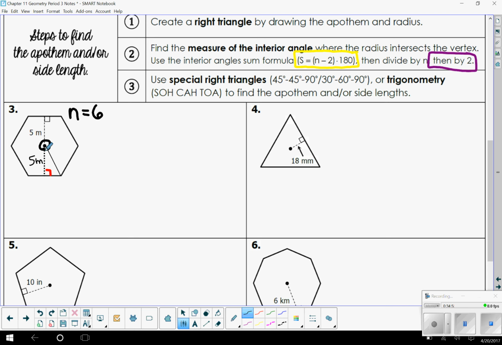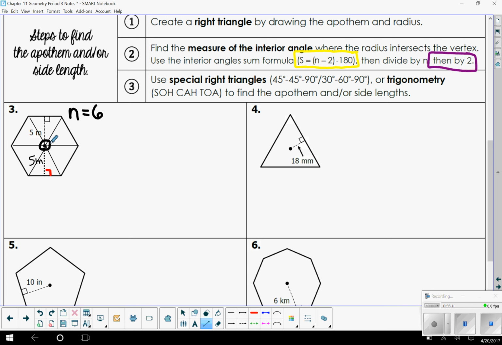Look what happens if I was to draw all of those. You don't have to do it, just watch. Doesn't all of that add up to 360? I drew all of my radii, right?